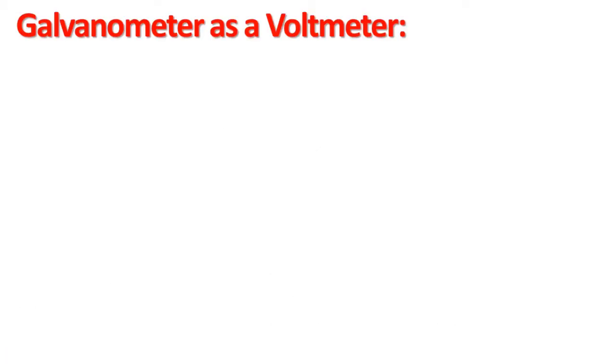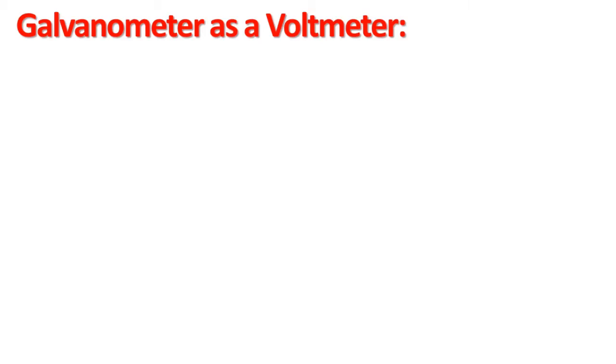The galvanometer is also modified to be used as a voltmeter. A voltmeter is an instrument used to measure potential difference between 2 points in an electrical circuit. It is always connected in parallel with the component across which the voltage drop is to be measured. A galvanometer can be used for this purpose.